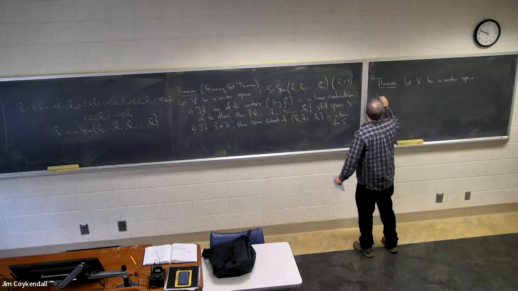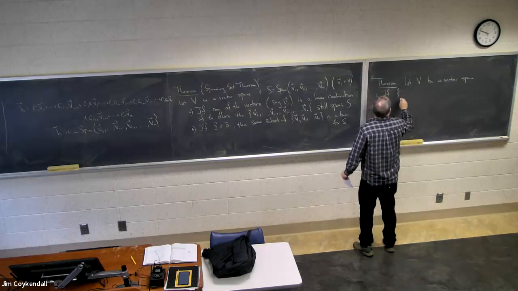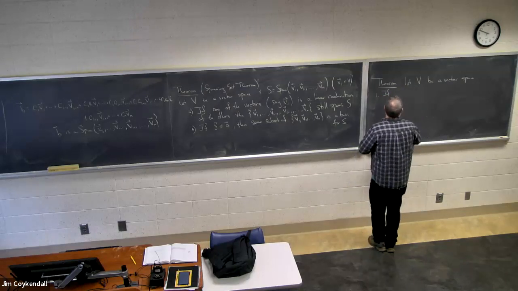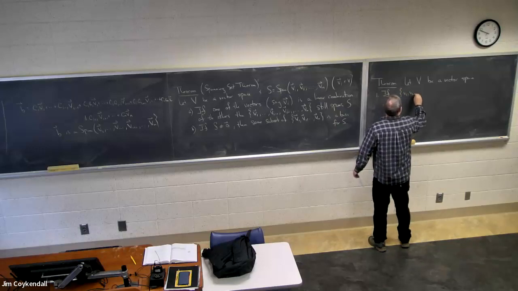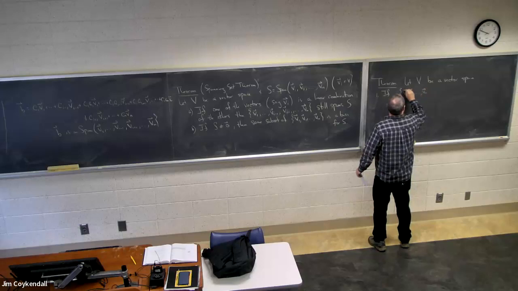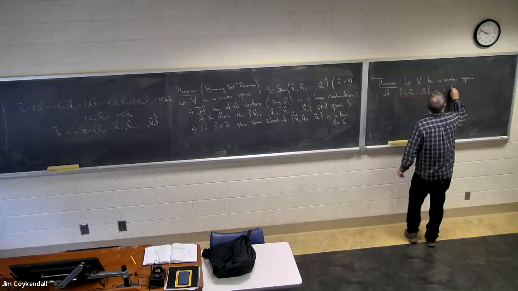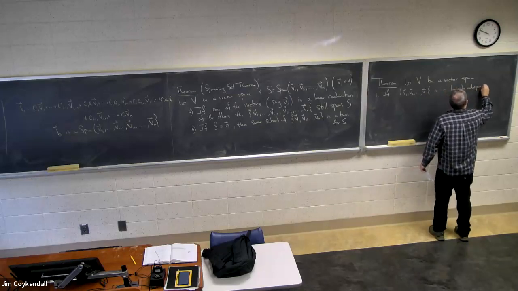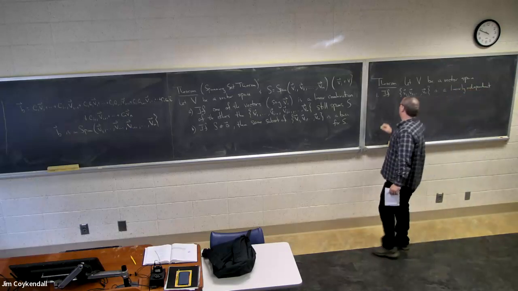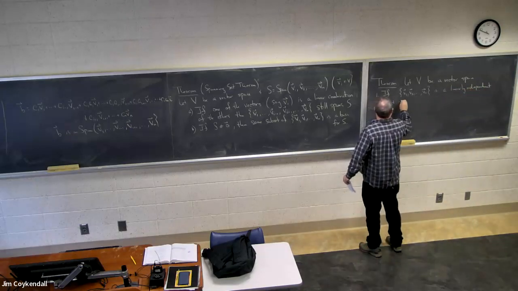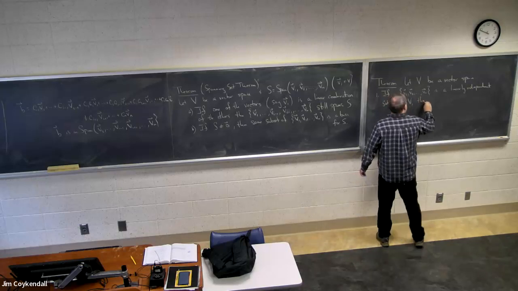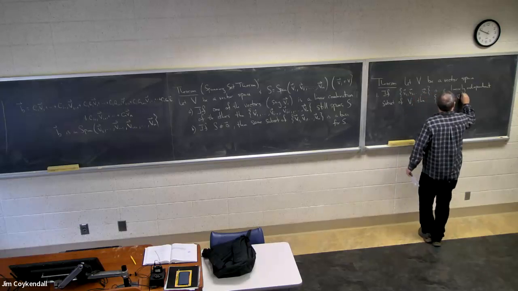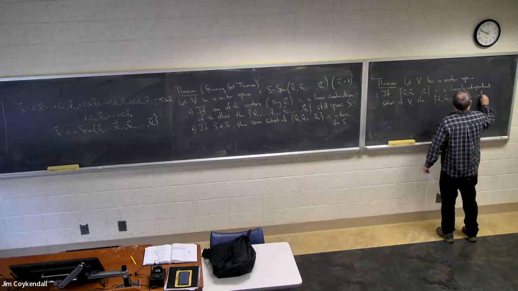Number one, if v1, ..., vn is a linearly independent subset of V, then v1, v2, ..., vn is contained in a basis.